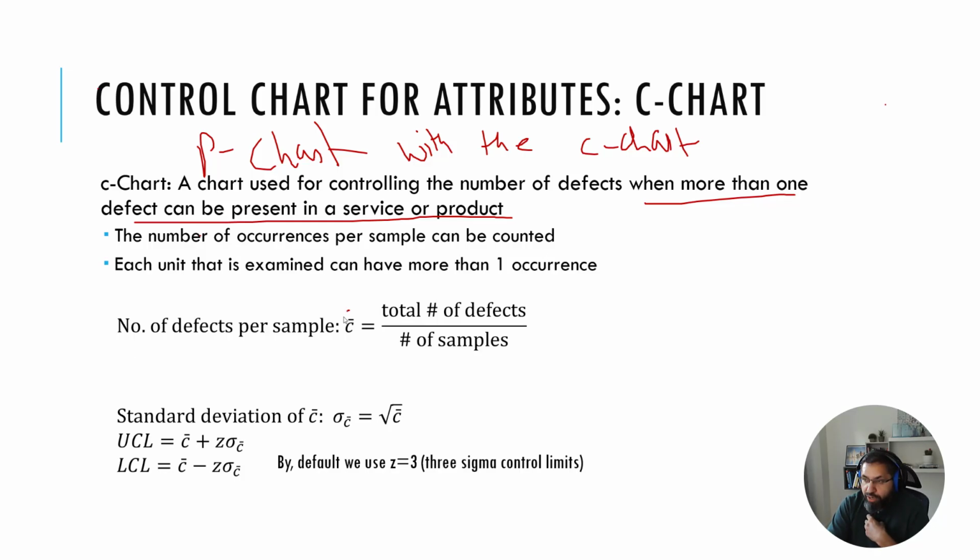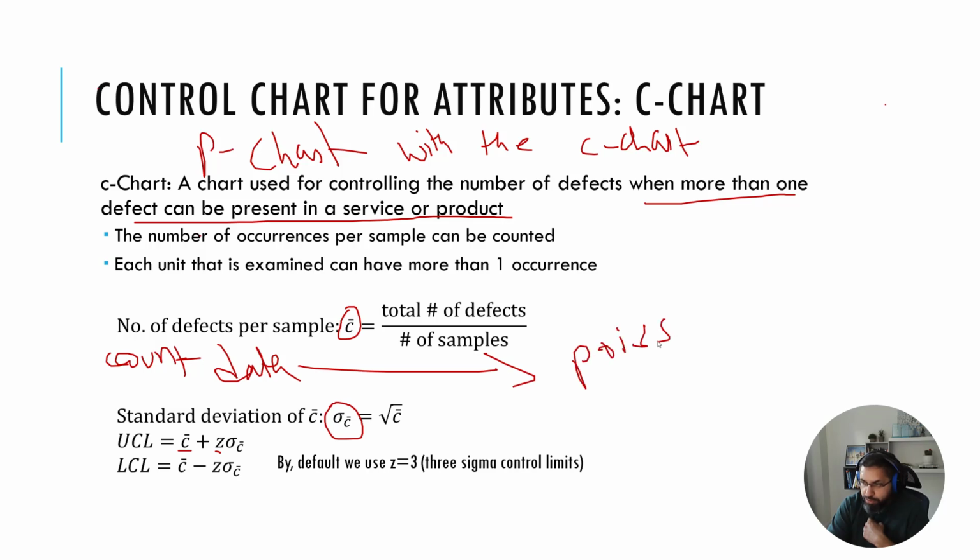Okay, and then you're going to find the average defect rate. And then you're going to use these formulas where it's the average plus Z times the standard deviation of the average. In this case, because it's count data, at the back end we're using what we call the Poisson distribution.